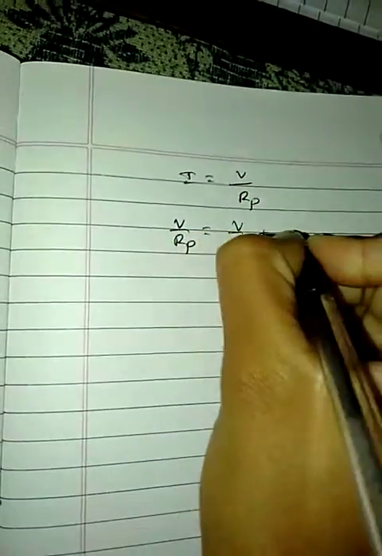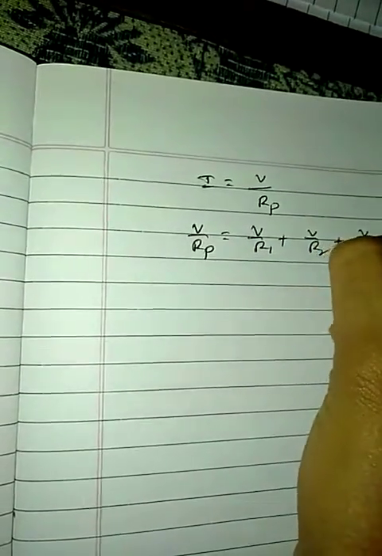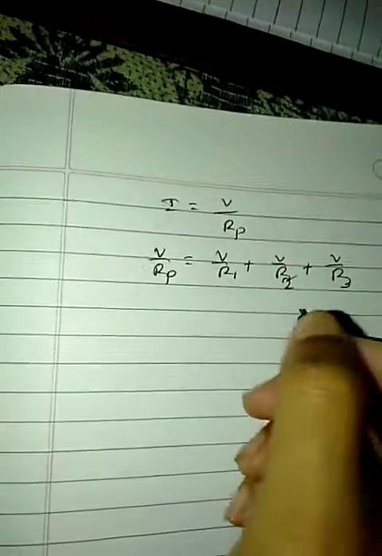We know that equation 1 is I is equal to V by RP. Just substituting here, I is equal to V by RP is equal to V by R1 plus V by R2 plus V by R3. Here V is constant, so it cancels out.